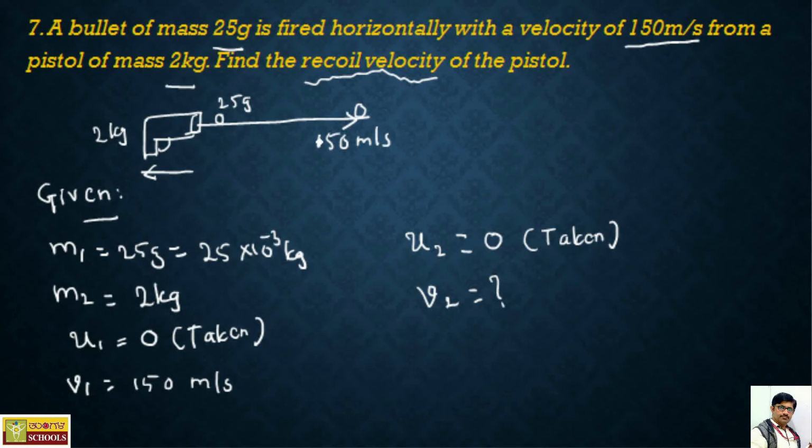I hope you are getting my words clear. Now, let's have the solution for that. As I already mentioned, this is a problem based on the conservation law of momentum. Therefore, I can write, using the conservation law.